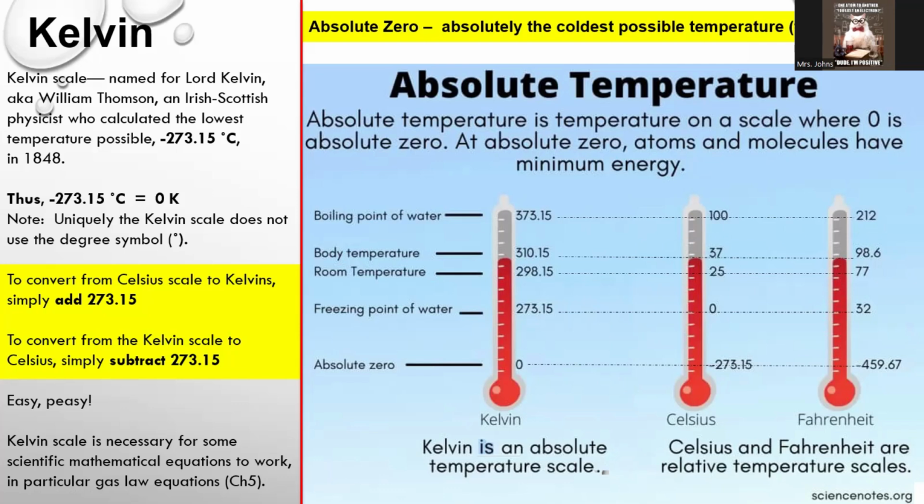The Kelvin scale is named after a man with the title Lord Kelvin. His other name was William Thomson. He was an Irish-Scottish physicist. And in 1848, he was able to calculate the lowest temperature possible to be negative 273.15 degrees Celsius.